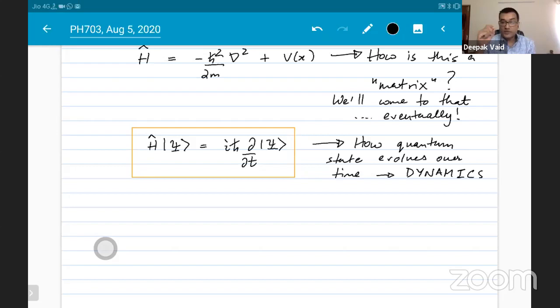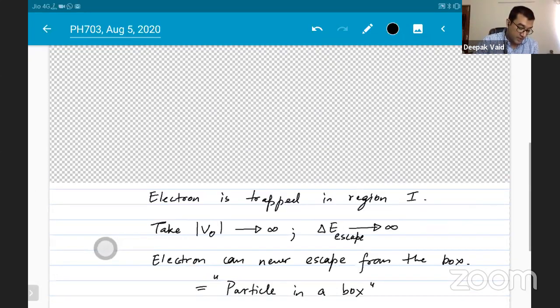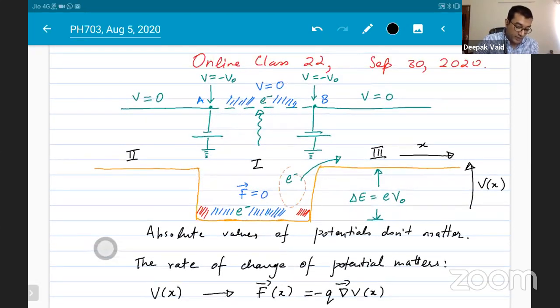Another thing you need to be able to do is describe how systems interact with each other. So, for example, if I go back to this particle in a box, instead of one electron, I can imagine that there are two electrons. Those two electrons will exert a force on each other.